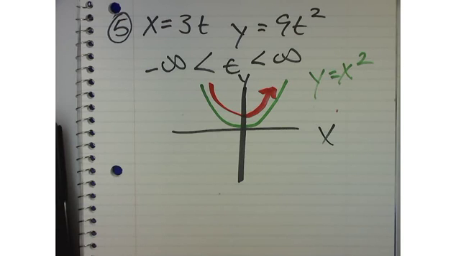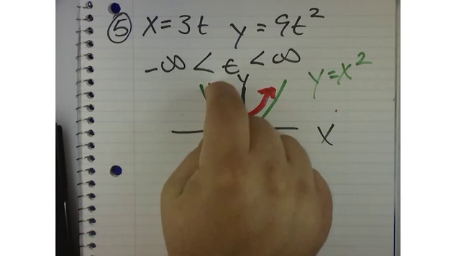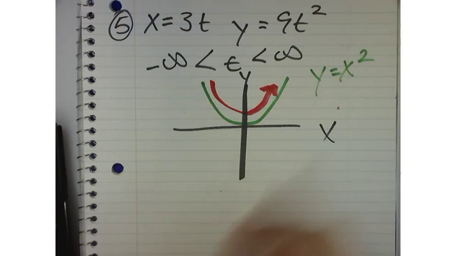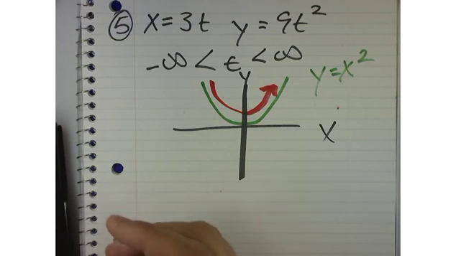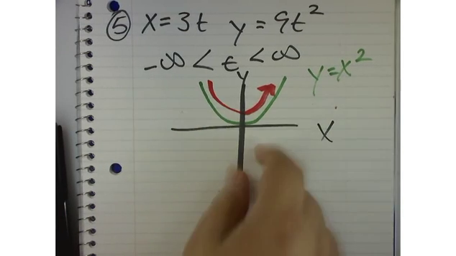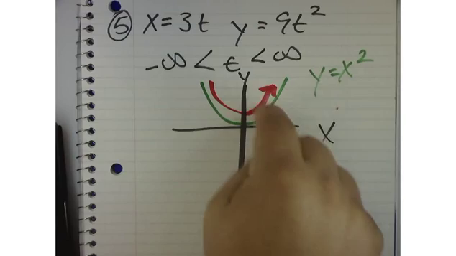Now, that isn't always the case. Sometimes, depending on the parametric equations, the flow will be this way. In Cartesian equations, we're used to it always going left to right. But now we've got these swirly things, and remember when we saw those other ones drawn by the calculator? It went this way, this way, this way.